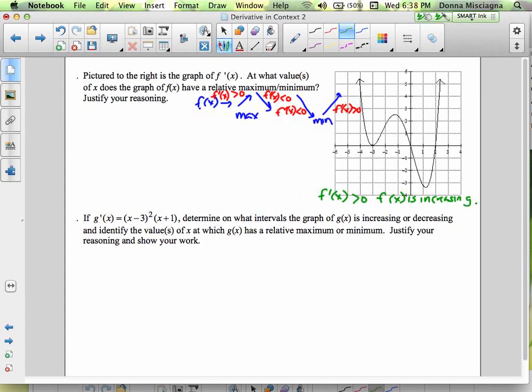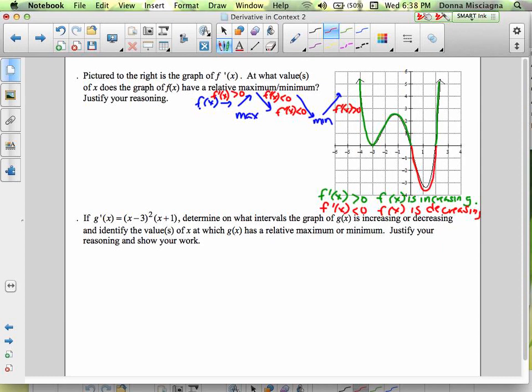All right, so that would be here, and then again here. So all these places, f of x is increasing, because f prime of x is greater than 0. And then here, f prime of x is less than 0, f of x is decreasing. And that would be right here.